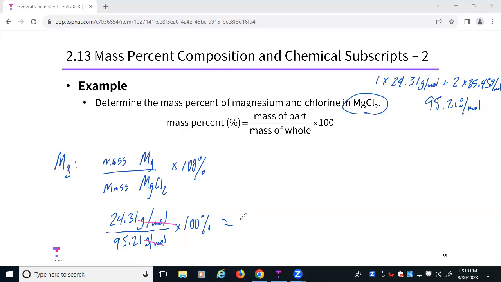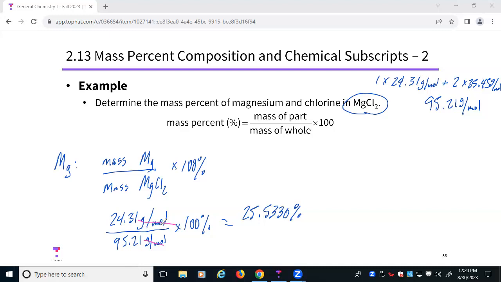So 24.31 divided by 95.21 times 100%. My calculator gives me 25.5330. Looking at how I've constructed this, however, I've got 4 sig figs in that numerator and 4 sig figs in the denominator.